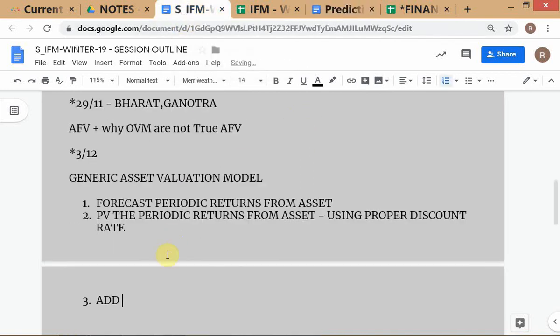Add PVs to get total fair value using FBV methods. Is this clear? In this case, FBV stands for forecast-based valuation.